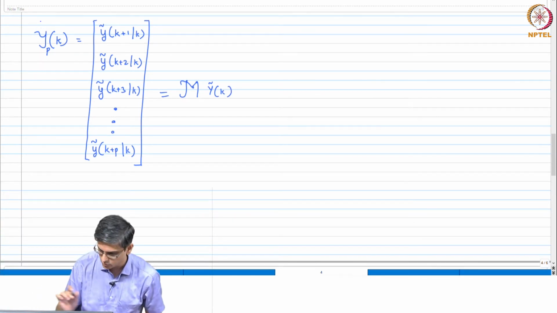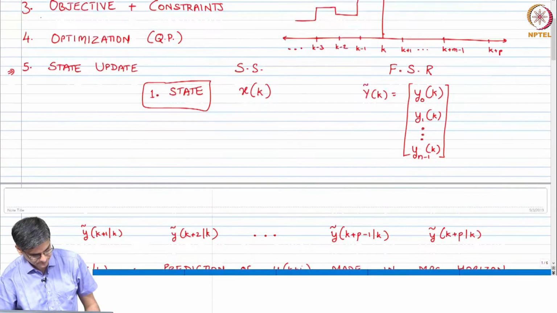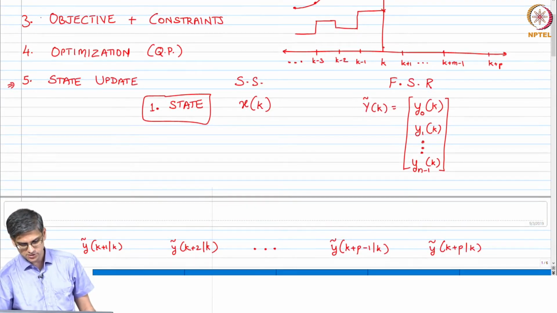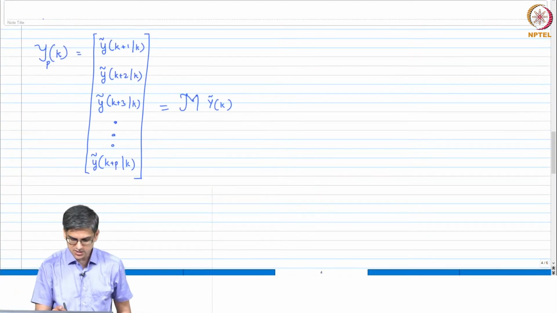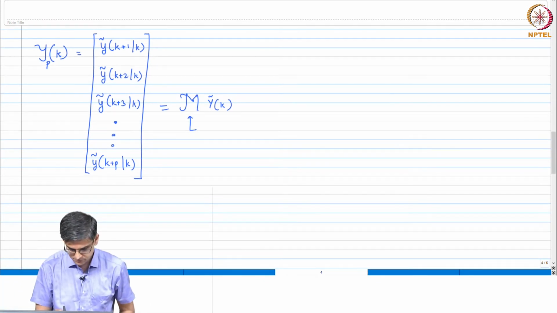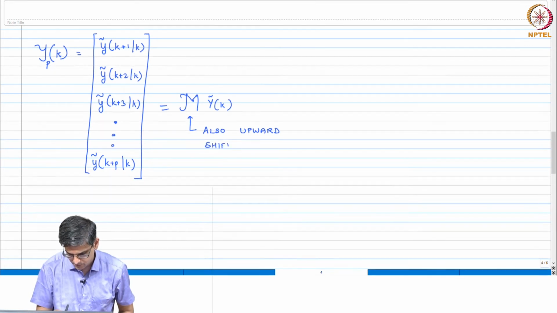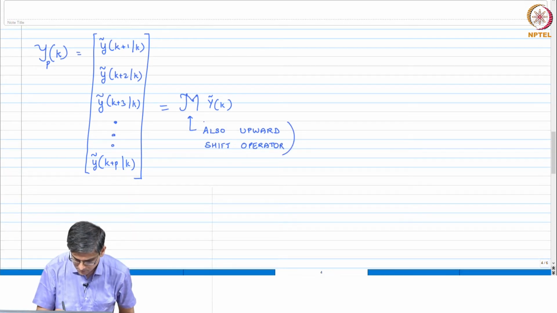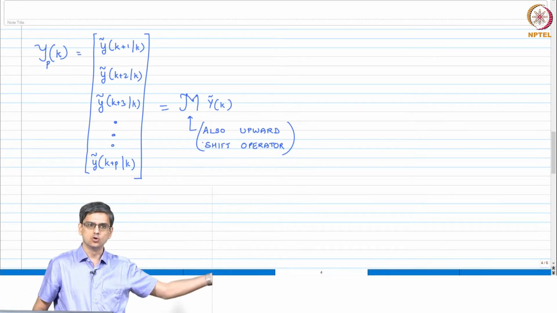Sorry, let me remove this tilde because I have already used that tilde to represent our state, right. This capital M is also a shift operator. But I have used a different M notation over here compared to last week.